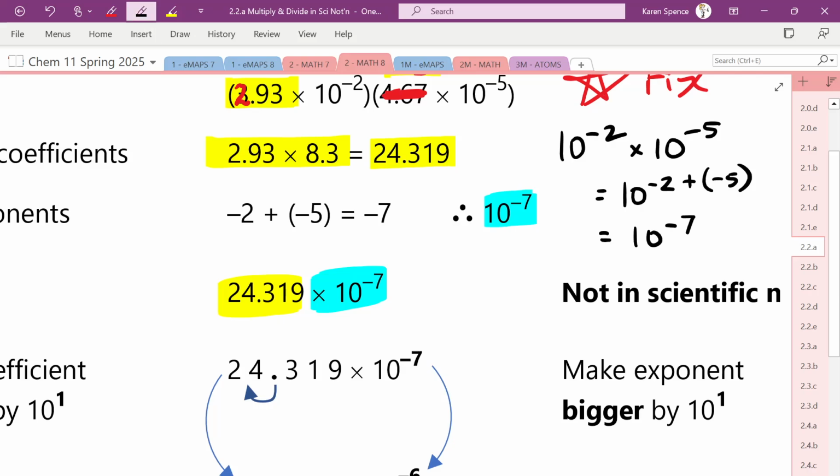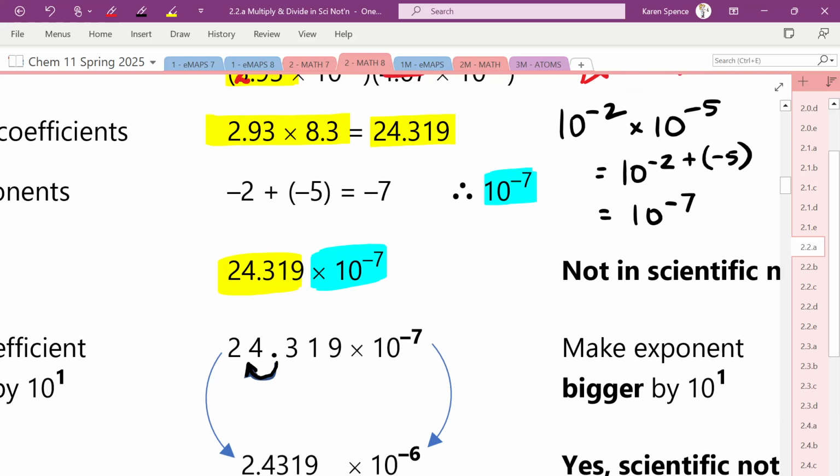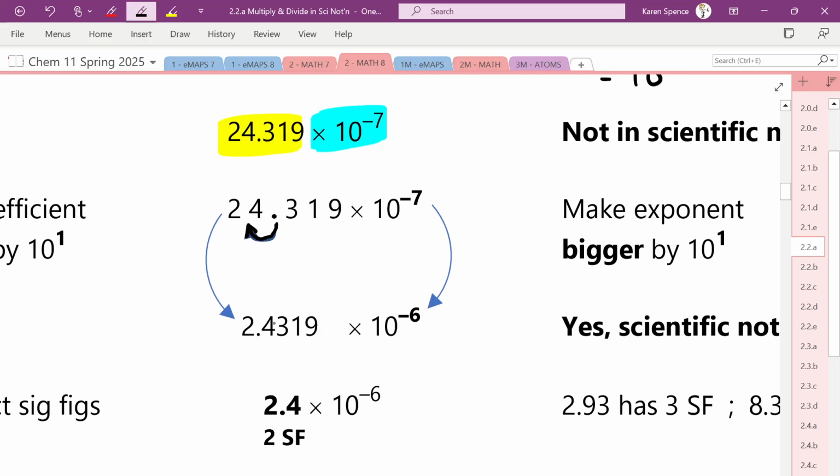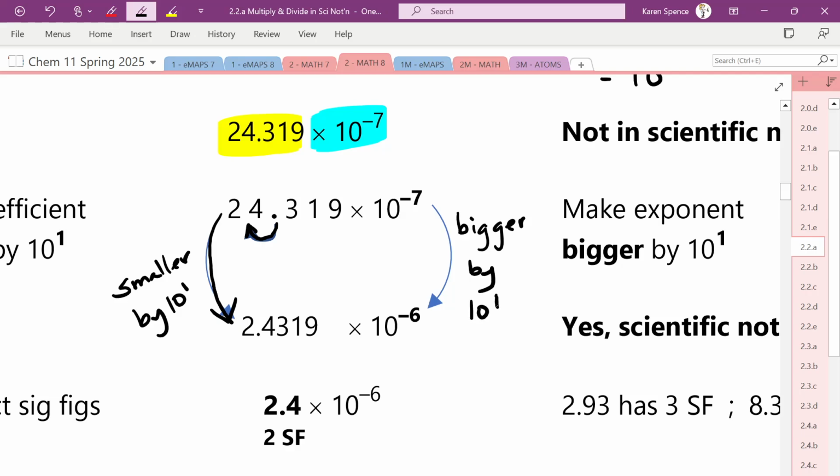No. So we're going to move this decimal place 1 place to the left. The number got smaller by 10 to the 1, so the exponent needs to get bigger by 10 to the 1. So instead of 10 to the negative 7, we will have 10 to the negative 6.